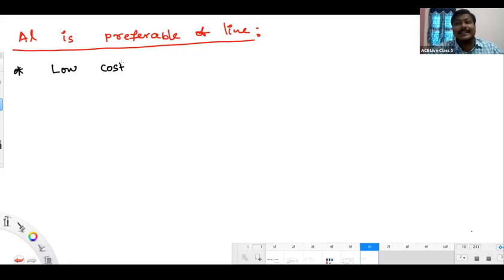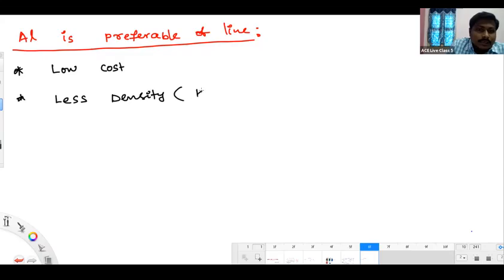Sometimes the people will say less weight also. Okay. So both statements I will write. So I can say less density. You can write it's in kilogram per meter cube, or you can call less weight also. Like that you can say less weight.